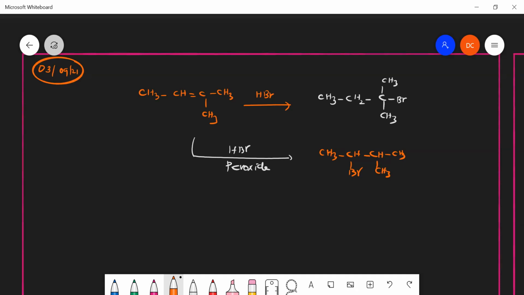As we know, the next question is about the dipole moment. The dipole moment of chlorobenzene is lower than that of cyclohexyl chloride.